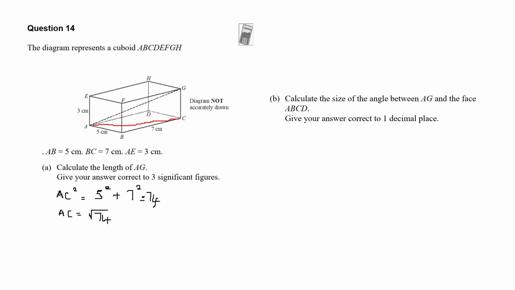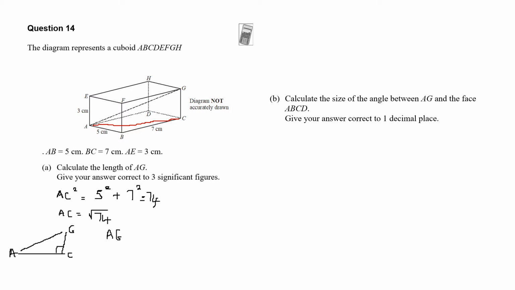So now that I know AC, I now have this triangle. Just do a little sketch. AGC is a right angled triangle, and I know AC, and I know that GC is 3 centimetres, because it's going to be the same length as AE. So AG again will be the hypotenuse of a right angled triangle.